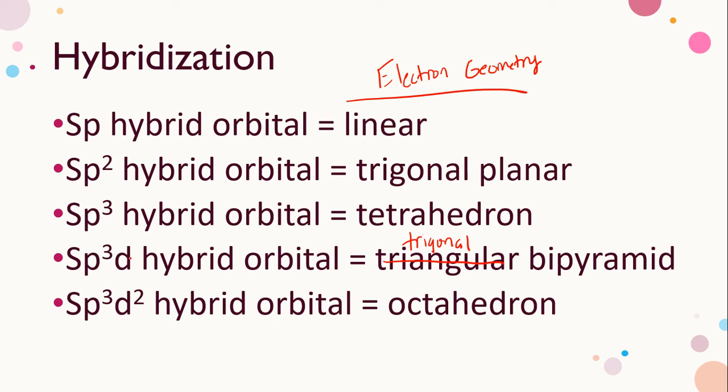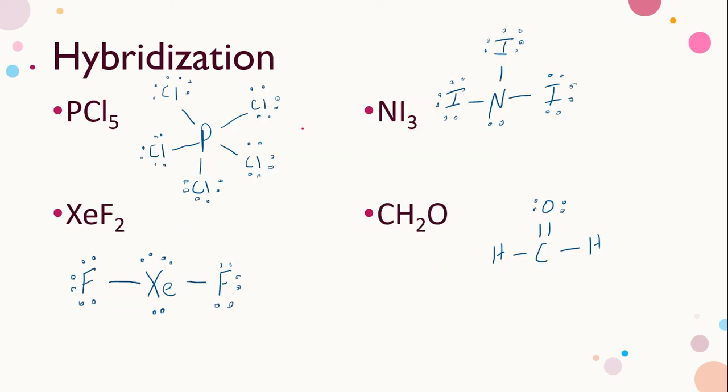So that's an sp3d. So sp3d makes sense. 1 s plus 3 p plus 1 d gives me 5 groups here. Here I have 1, 2, 3, 4 groups. So I have to have a 1 s and a p, and there's 3.